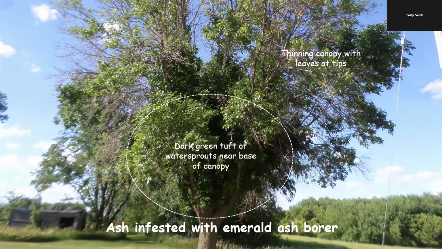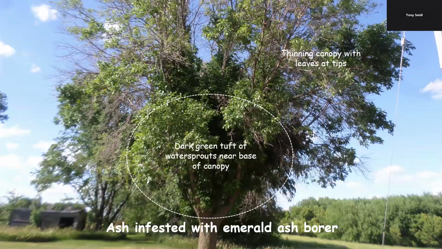You have this really tight cluster of water sprouts right around the lower branches, where the lower branches connect and the tree canopy's out. They'll be deep green, very long, very succulent. The reason for this is the girdling by the emerald ash borer has choked off the movement of sugars and other photosynthates from the leaves down to the root system.